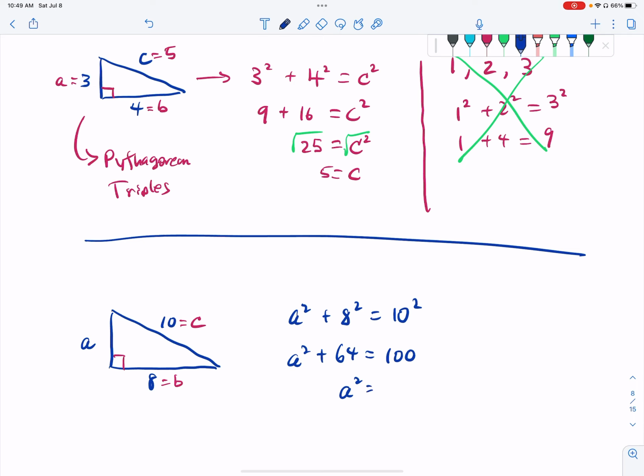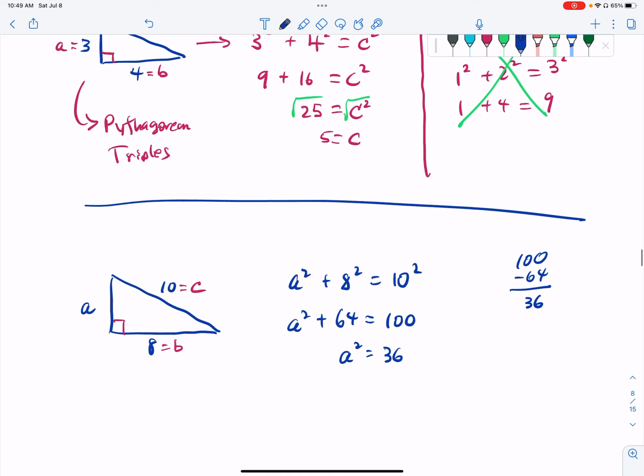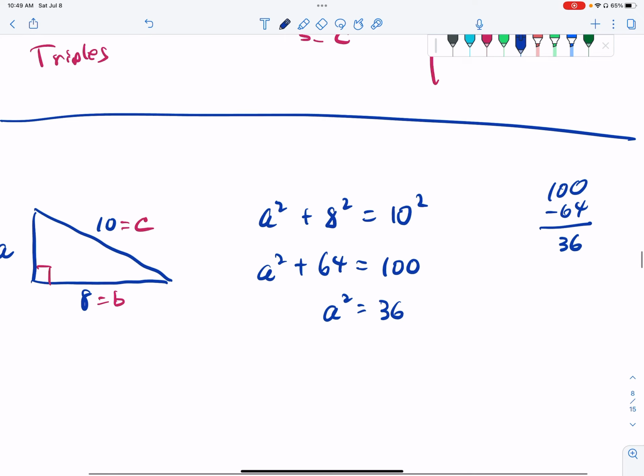So instead of adding the two squares, I'm going to end up subtracting my two squares. A squared is equal to, let's see, 100 minus 64. That'd be a 40, but it's less, so 36. Hey, look, we're going to get another neat whole number. This is A, after I take the square root, is equal to 6.